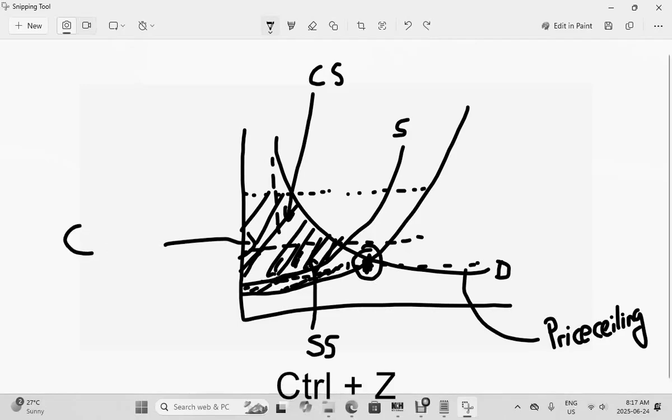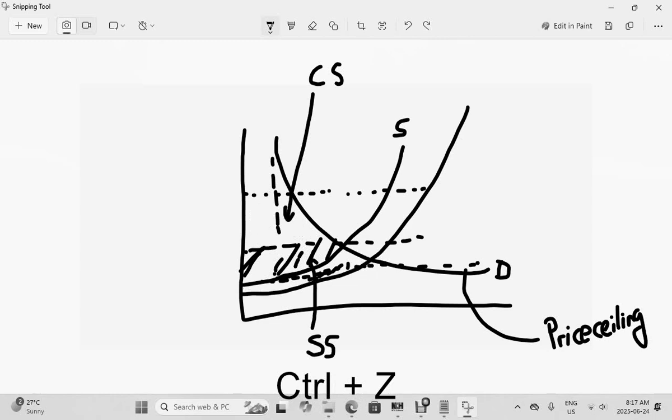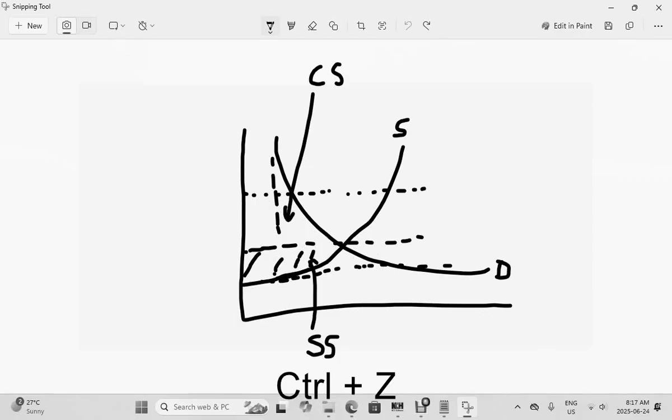Now likewise, if the government was to set a price floor, usually the price floor would stop the prices from falling further down.